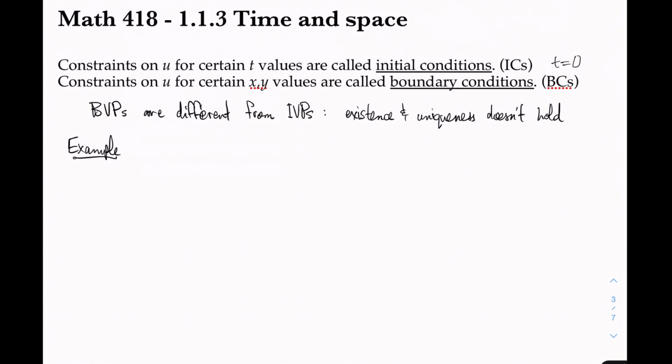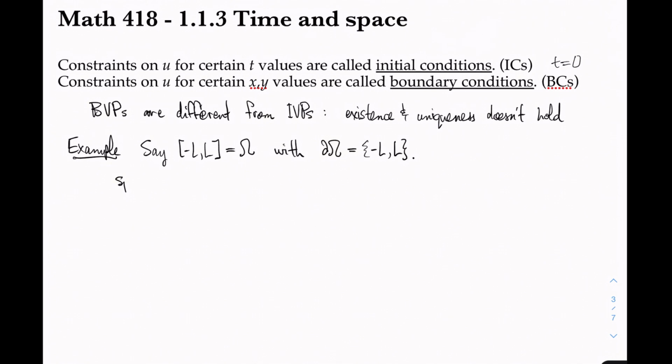So let's look at a bar that goes from minus L to L, and we'll consider the heat equation. We'll take this to be our domain, and the boundary of this is just the 2 points, one at minus L and one at L. So that's the boundary.